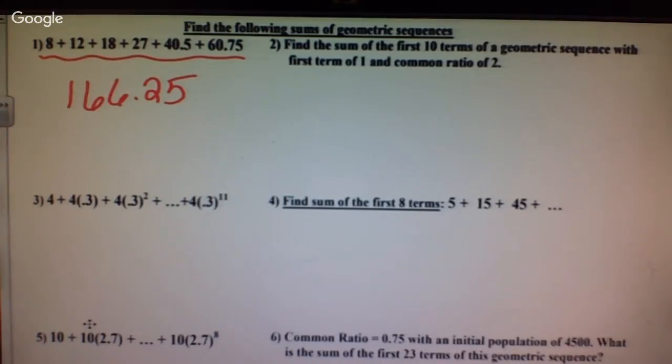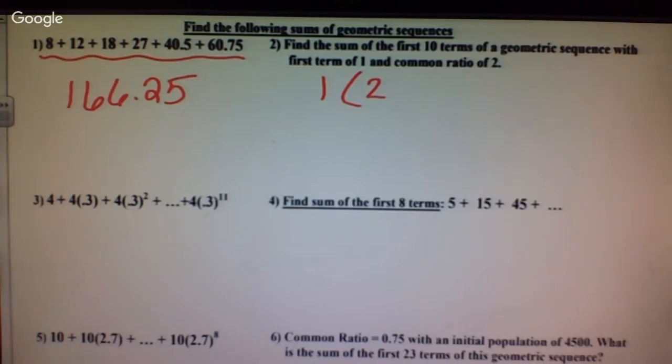A is your first term. What's my first term here? First term is 1, so this is 1 times. R is your common ratio, what you're multiplying by, which is 2.